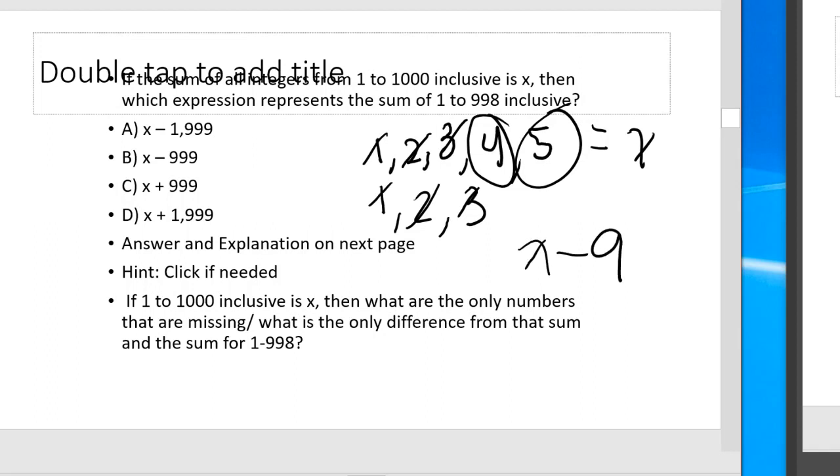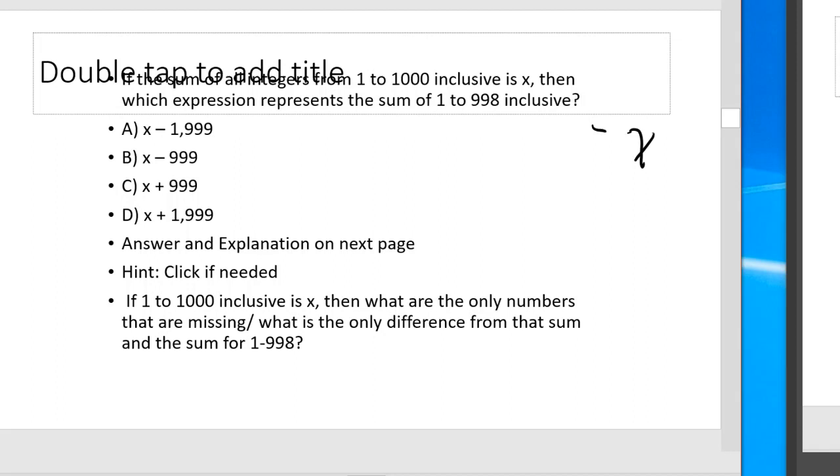Now let's apply that to this other problem. I know that I have 1 to 1,000 inclusive.